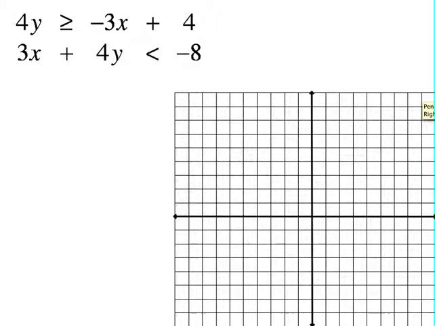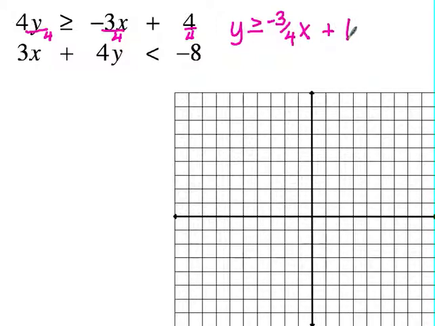So if you look at this, what do I do on that top equation? Let's divide by 4. If I divide each of these by 4, I really get y is greater than or equal to what? Negative 3/4 x plus what? 1. Nice job.